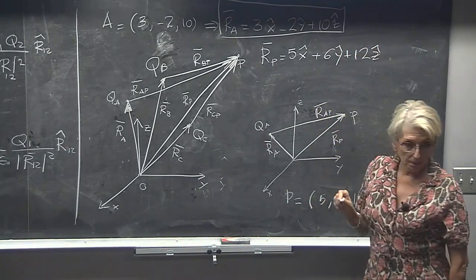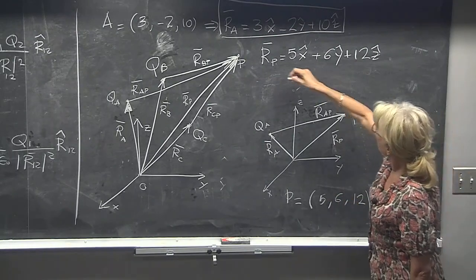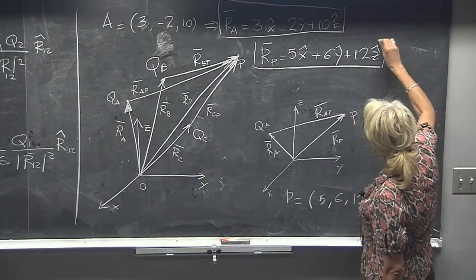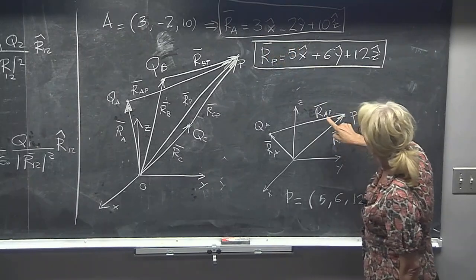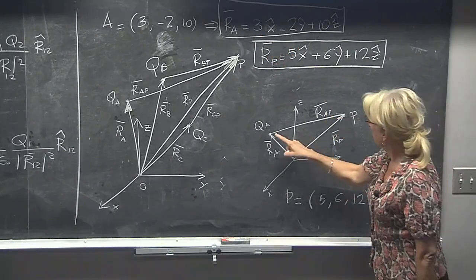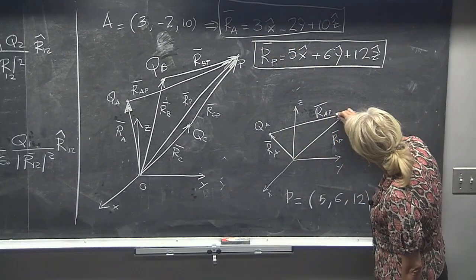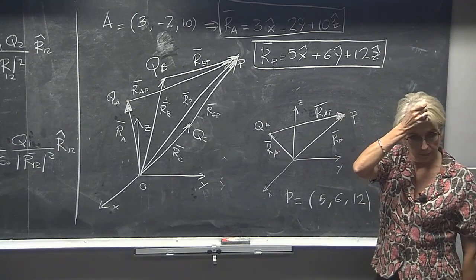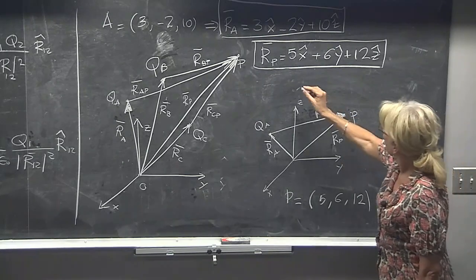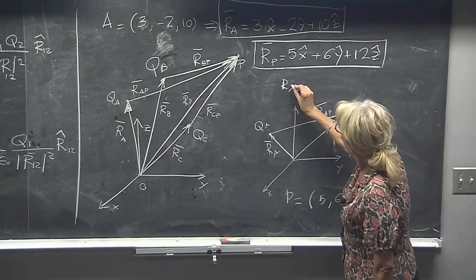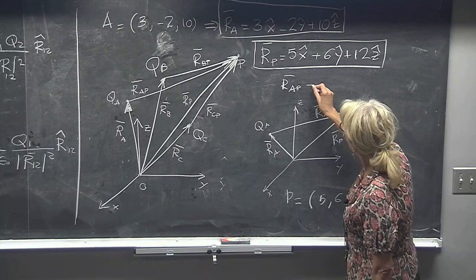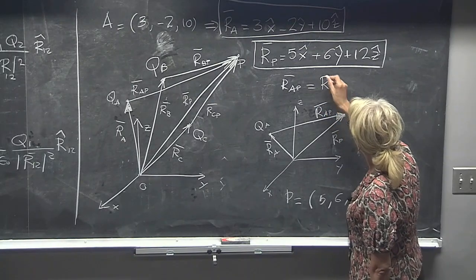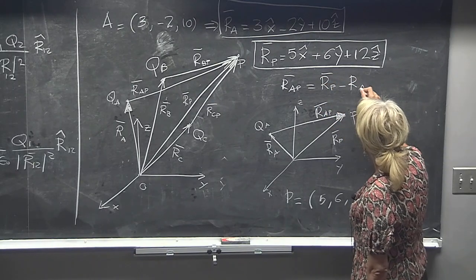Okay? Now, if I know these two vectors, how much is RAP, the vector from here to there with this direction? Remember? RAP is vector RP minus vector RA. Do you remember that?